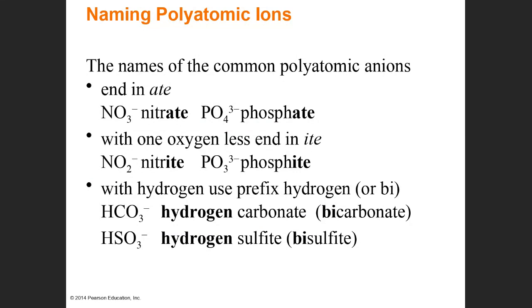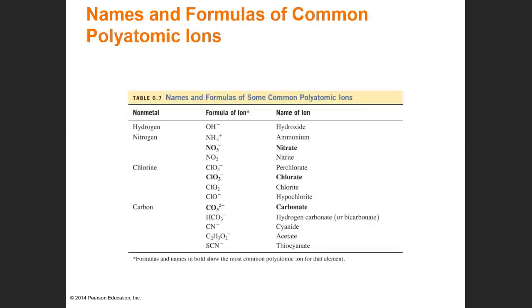You can't do this anywhere else, but when you're forming an ion, you'll sometimes see the hydrogen carbonate just be called bicarbonate. I have to look up the history behind that, where the naming comes from.